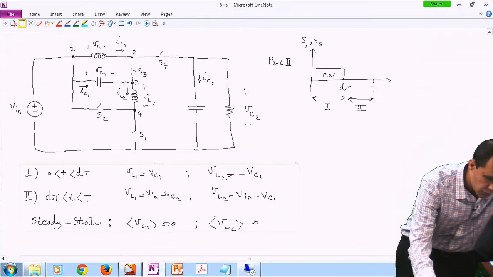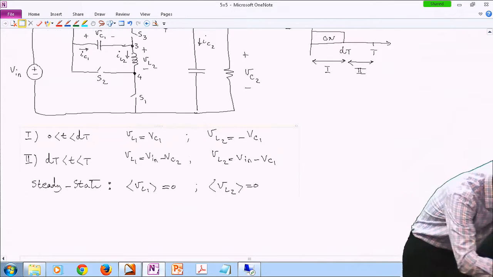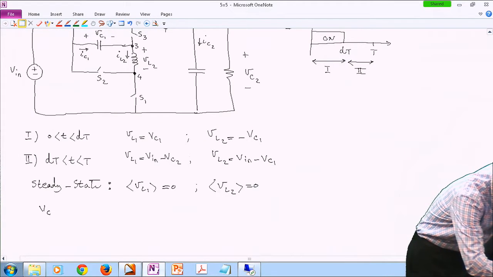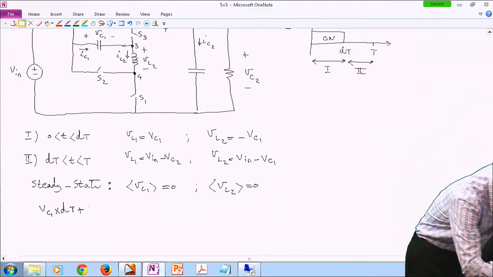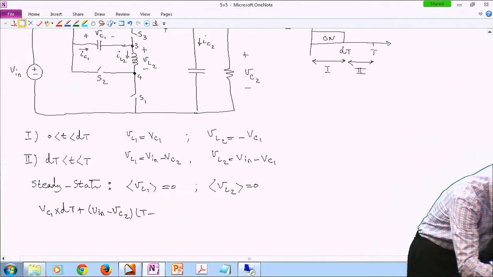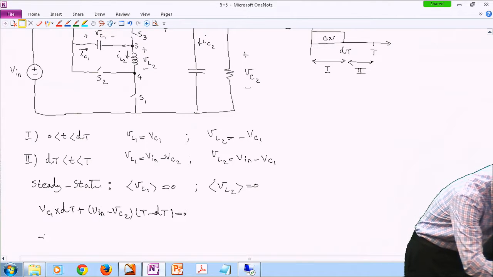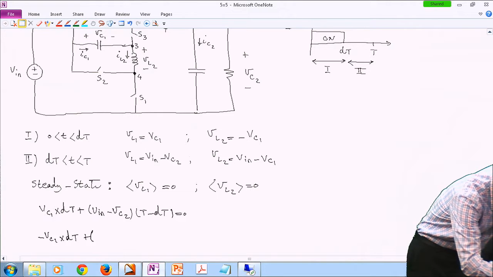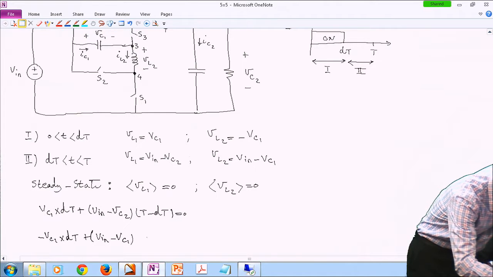So this indicates that VC1 times dt plus Vin minus VC2 times (T minus dt) should be 0. Also, negative VC1 times dt plus Vin minus VC1 times (T minus dt) should be 0.